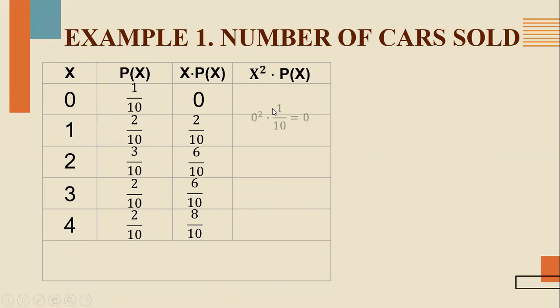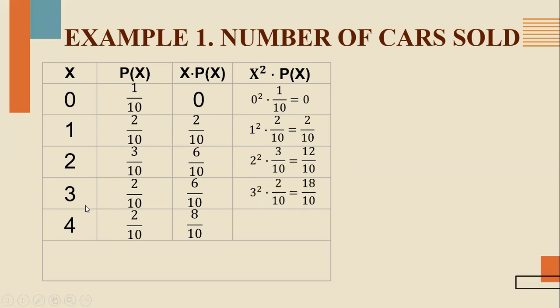So 0 squared times 1 over 10 is 0. And then 1 squared times 2 over 10 is 2 over 10. And then 2 squared times 3 over 10 is 12 over 10. 3 squared times 2 over 10 is 18 over 10. And lastly, 4 squared times 2 over 10 is 32 over 10.